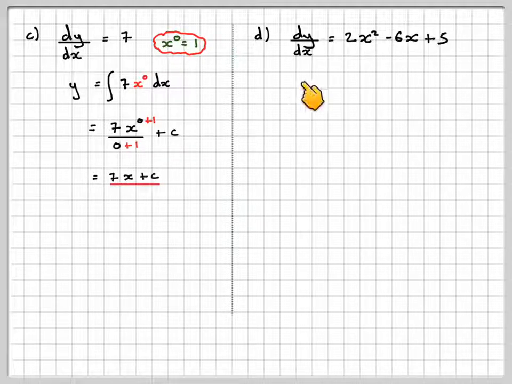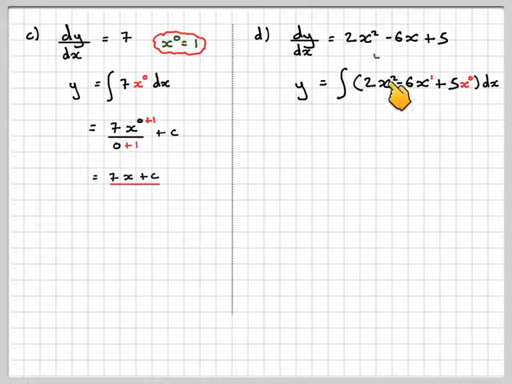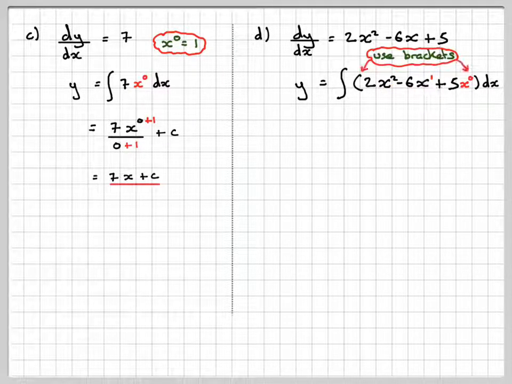And then when you've got dy by dx is 2x squared minus 6x plus 5, like in differentiation, you just integrate term by term. So this becomes the integral of 2x squared, minus 6x to the 1, plus 5x to the 0, but because it's the integral of several things, we put brackets around the function itself.